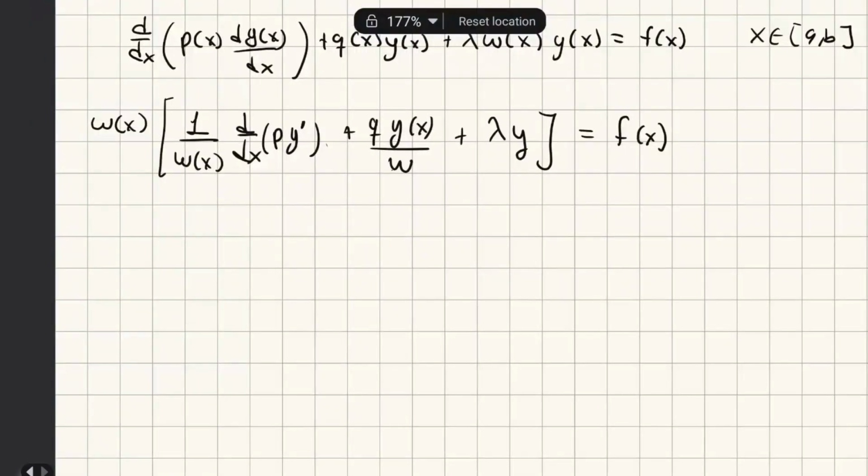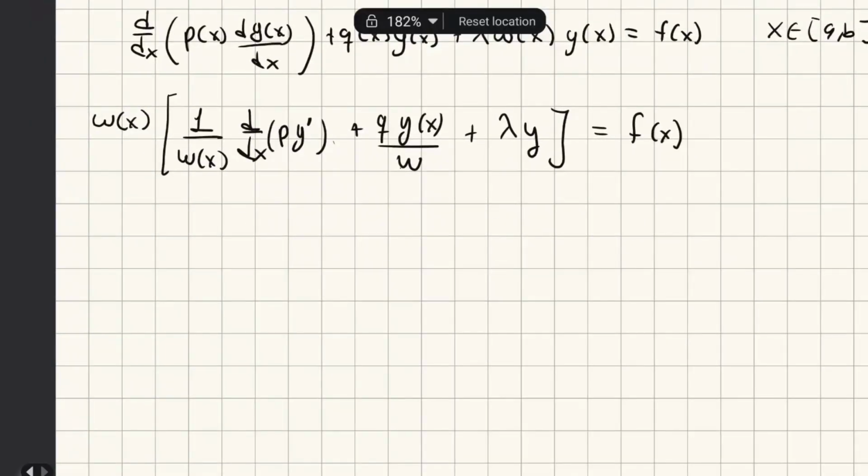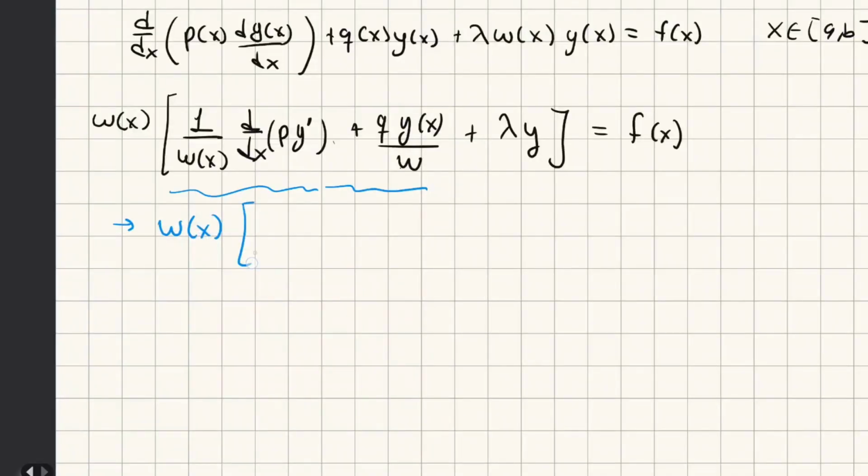As we have been working in recent lessons, we can already identify this as the Sturm-Liouville operator, right? So we will have here w of x times L applied to y, and then plus lambda y equals f of x.